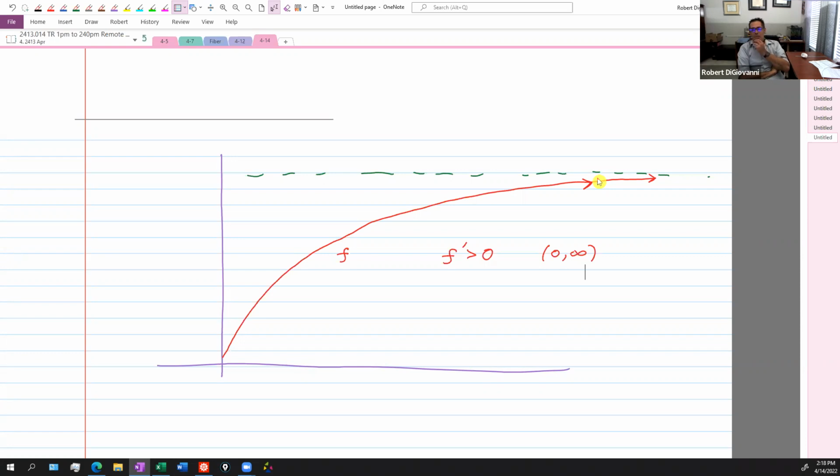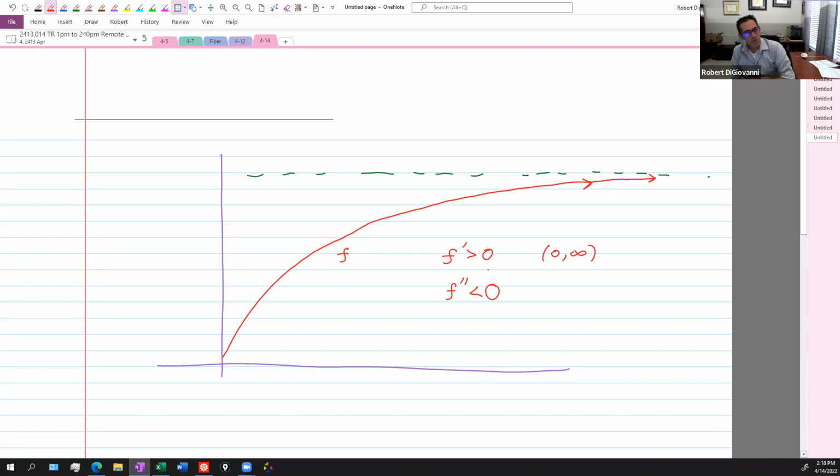Think about the second derivative. What is the second derivative of this function? Positive or negative? Does that look like a frown or a smile? It's negative, right? This is a function where the second derivative is negative.